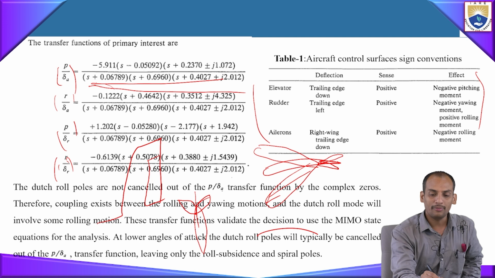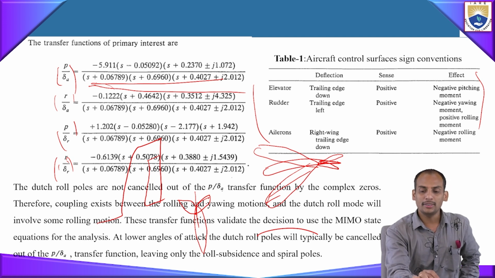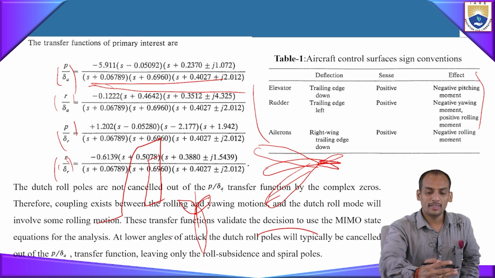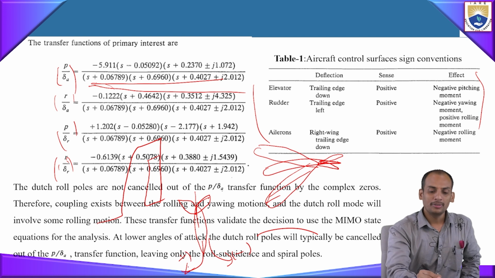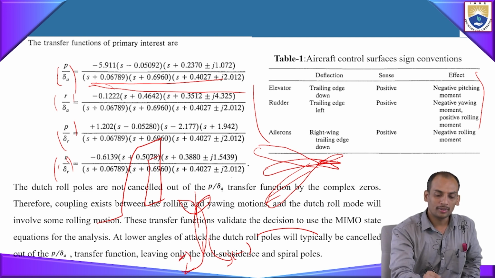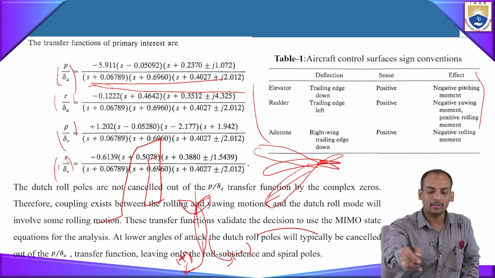When it is in the left direction, this will be positive and a negative yawing moment. So this is a positive yawing moment and this is a negative yawing moment. When it is in the left direction, it will be a negative yawing moment only.